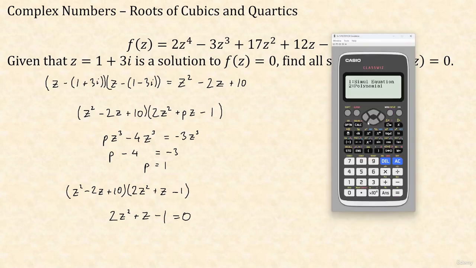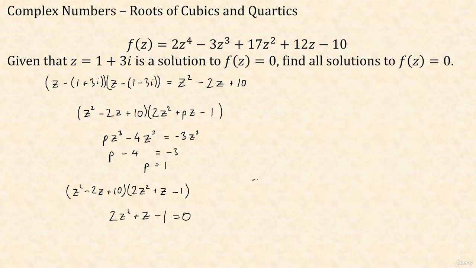And I'm just going to get that from my calculator, polynomial degree 2, 2z squared plus 1z minus 1, and the solutions are a half and minus 1. So in total what I've got is z is a half, minus 1, and the two complex solutions as well, 1 plus 3i and 1 minus 3i, and these are the four solutions of that quartic equation.